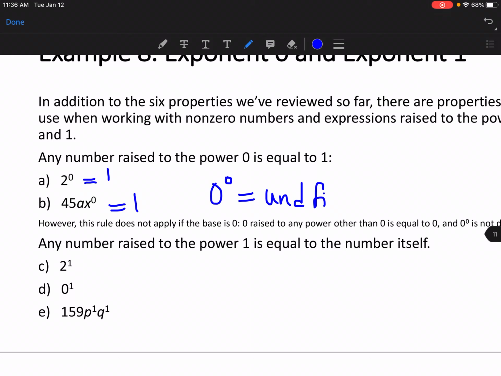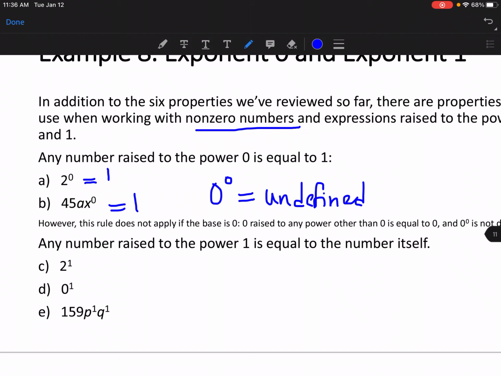That's why it says this is working with non-zero numbers. So we cannot do 0 to the 0 power. And then the other one: any number raised to a power of 1 is equal to the number itself.